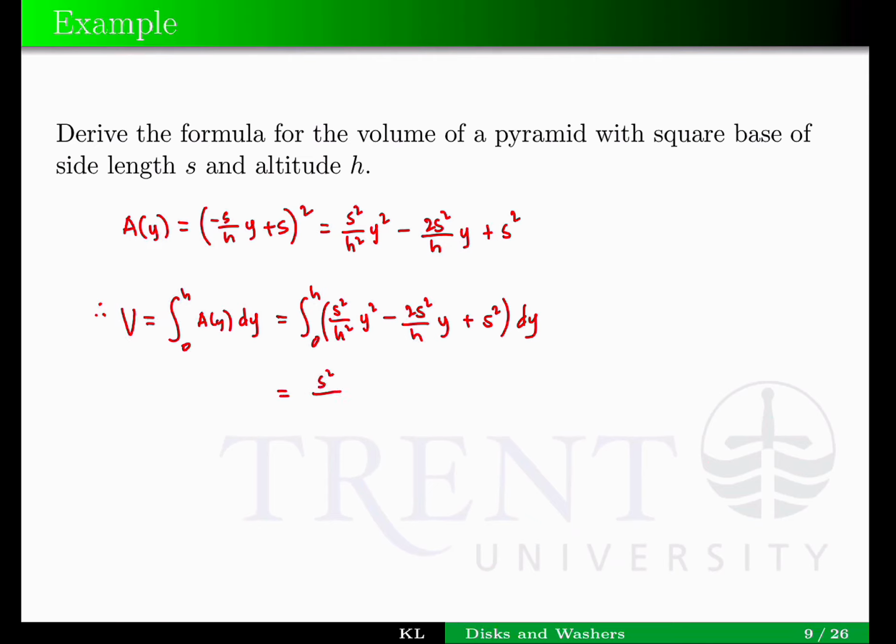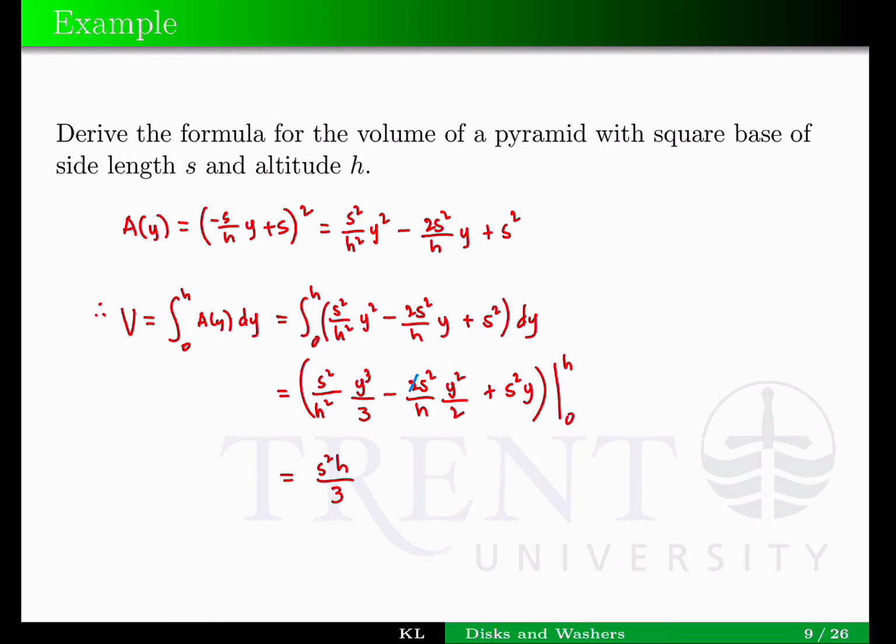Integrating, we will have s squared over h squared y cubed over 3 minus 2s squared over h y squared over 2 plus s squared y evaluated from 0 to h. When y is equal to h, this will be h cubed divided by h squared, so this will be s squared h over 3.